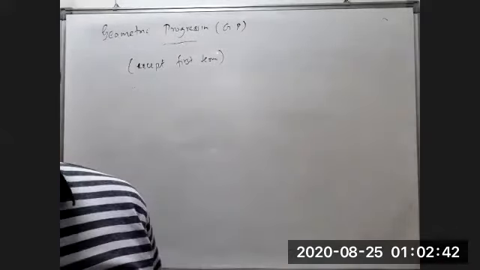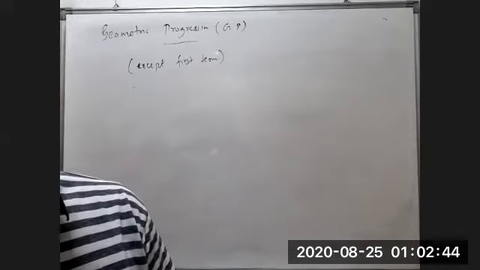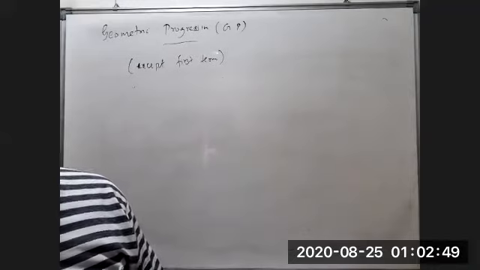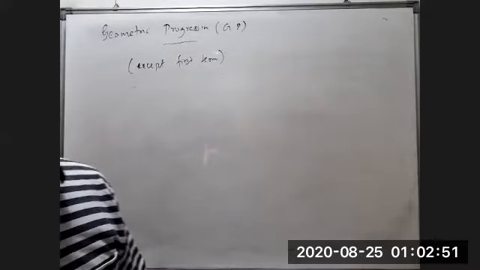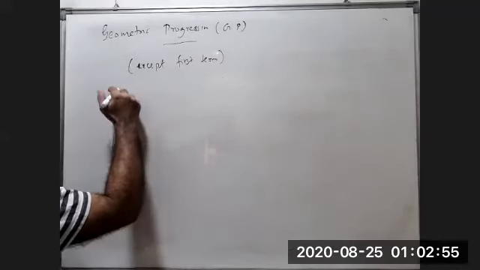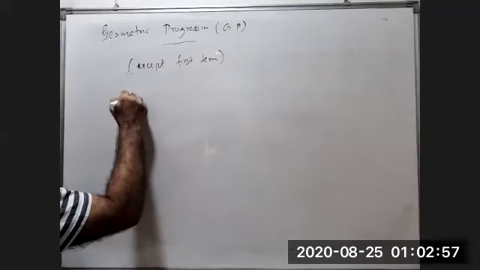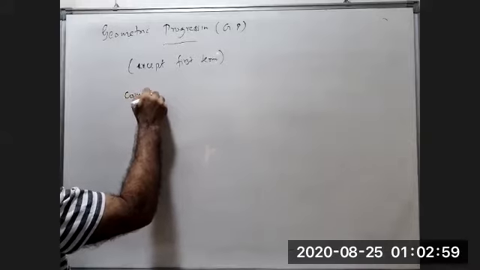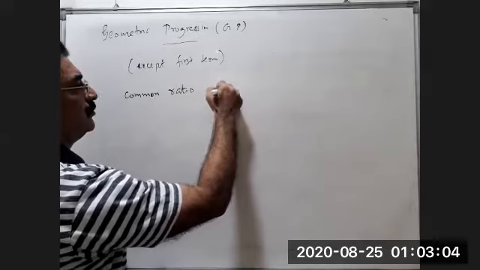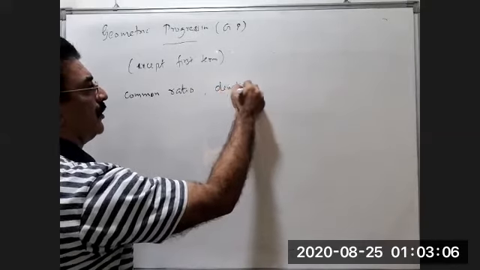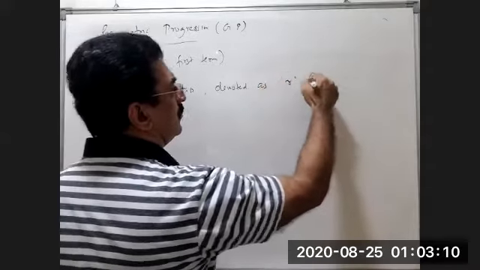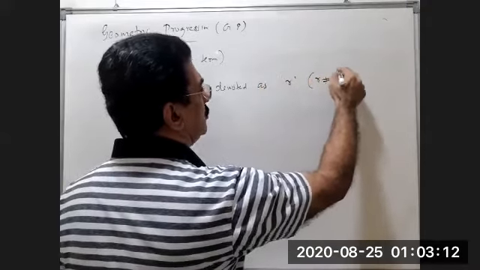Next line, the fixed term multiplied is the common ratio, denoted as R, and definitely R is not equal to 0.